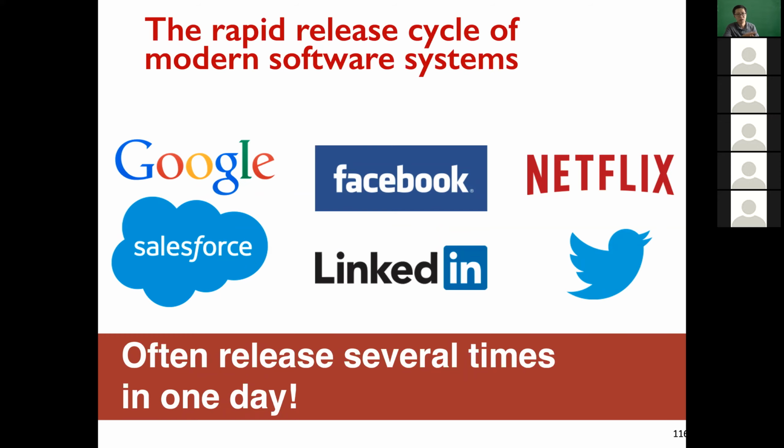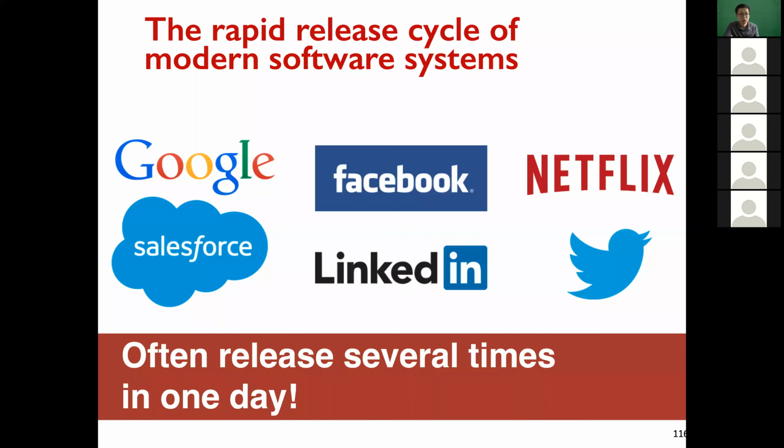So traditionally, the software may be released very slowly, like Microsoft Windows, you may see it released maybe every 5 years or 10 years, right? And maybe they will have a patch every 6 months or 3 months or so.